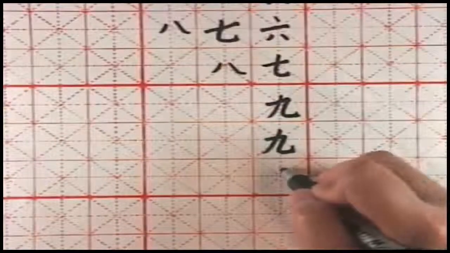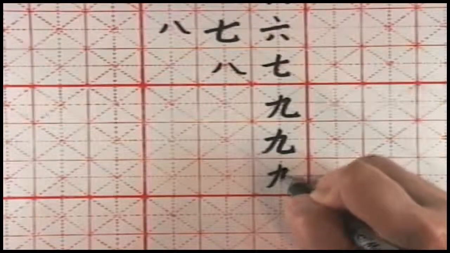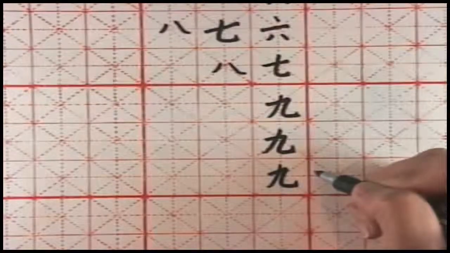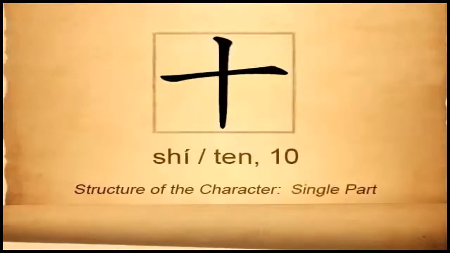Let's do it again. 非常好。Here is 10. Is 10 compound or single part in structure? Very good. It's single part. How many strokes do you see? 2. You are correct. Which stroke is written first?